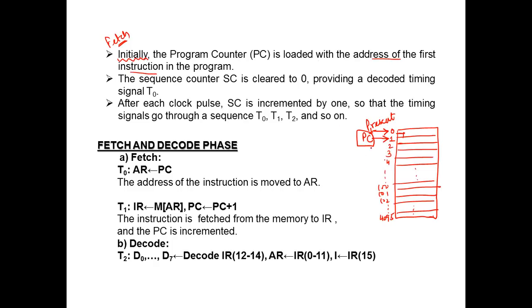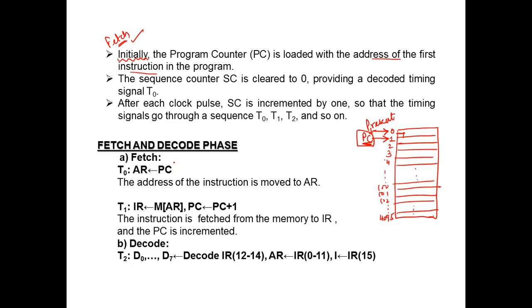Even if the system has not started executing the program, the address of the instruction to be executed next will always be present in the program counter. That's why the fetch phase always starts from the program counter.